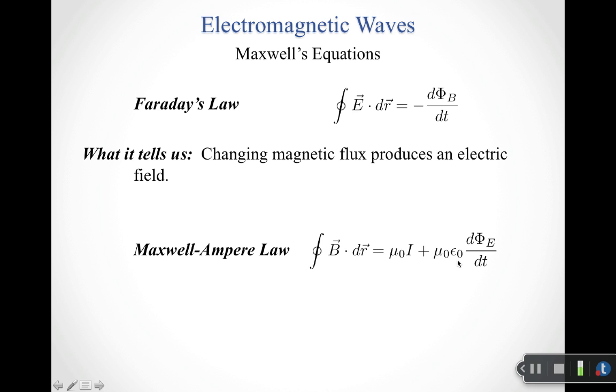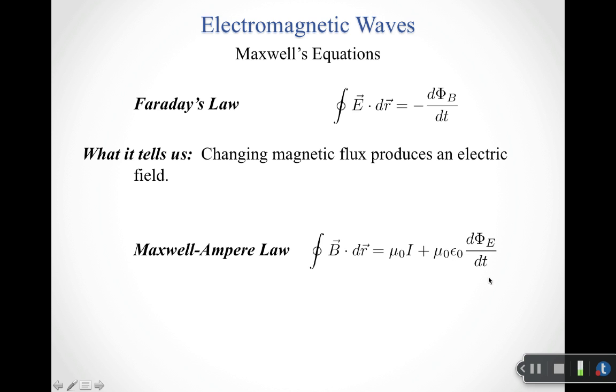It's just that this number sitting here as a coefficient in front of this term is incredibly small, which is why nobody had measured it first. Faraday's law doesn't have that really tiny coefficient, so Faraday was able to see that behavior in terms of how you would get an EMF as you change the magnetic field.